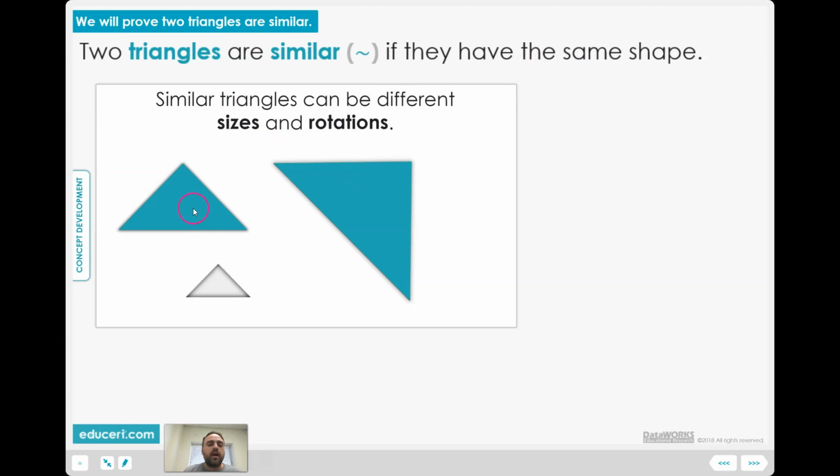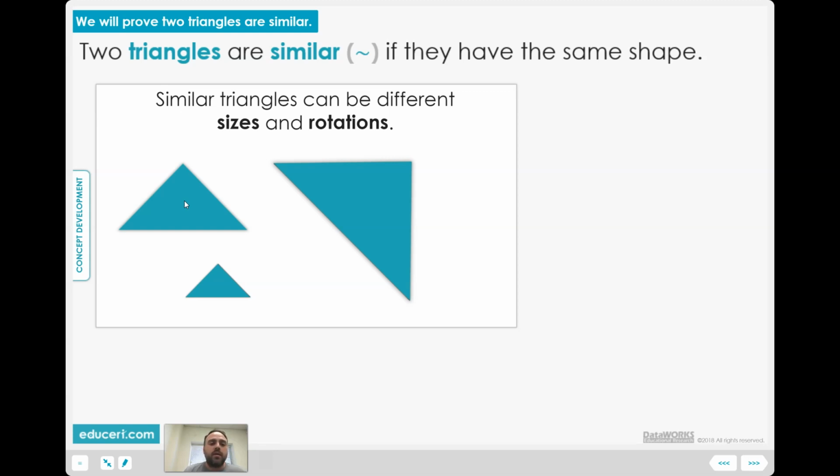Right, let's take a look at this smaller triangle. This is also a similar triangle, it's just smaller. This one has no rotation, so let's watch this one shrink in size but never change its overall shape. This is a lot like when you work with images on a device and you zoom in or zoom out.